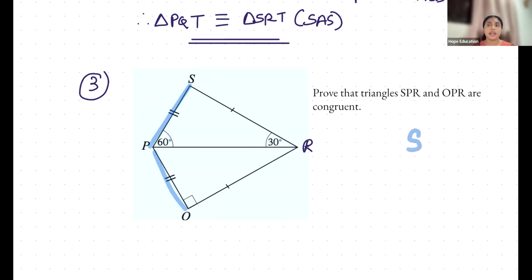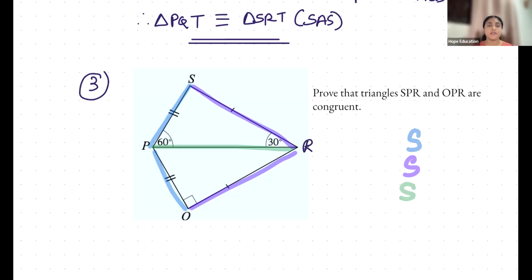Okay, great. Then this side is equal to this side. There we have another side. Great, good. At the same time, this side is a common side to both the triangles. So all the sides are equal. So sides are actually no problem. We have many sides. But now let's look at the angles.